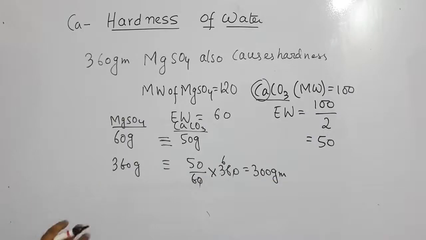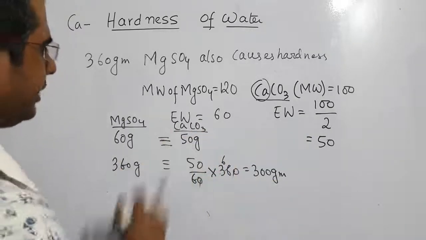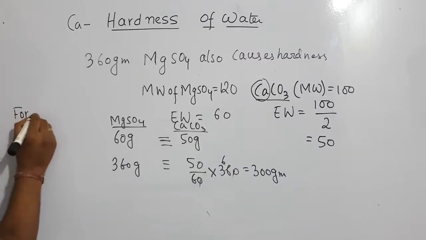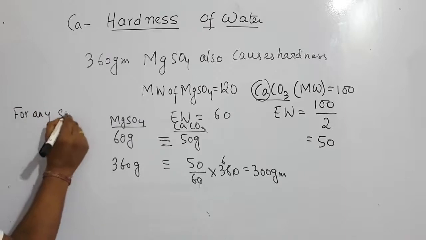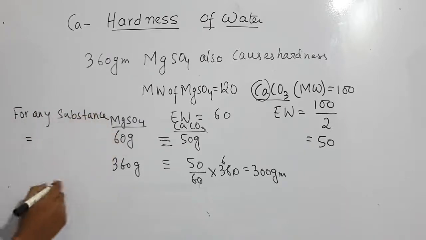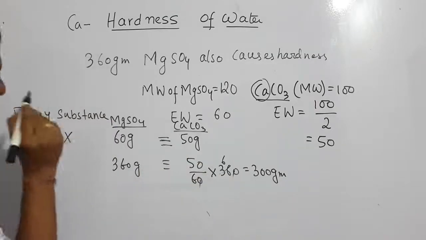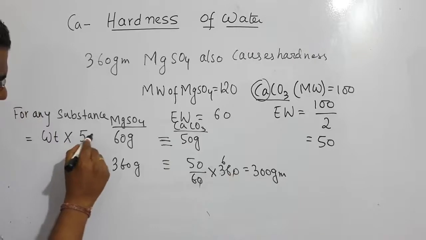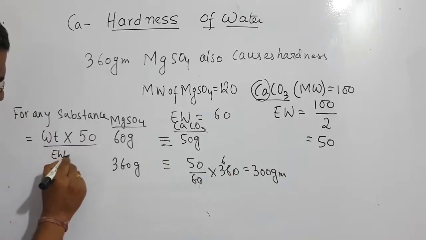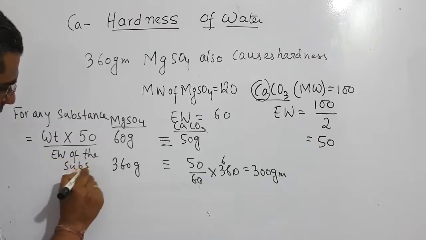Whenever you want to convert any weight of any substance to in terms of CaCO3, for any substance, you multiply the weight into 50 divided by the equivalent weight of the substance. So this is the formula.